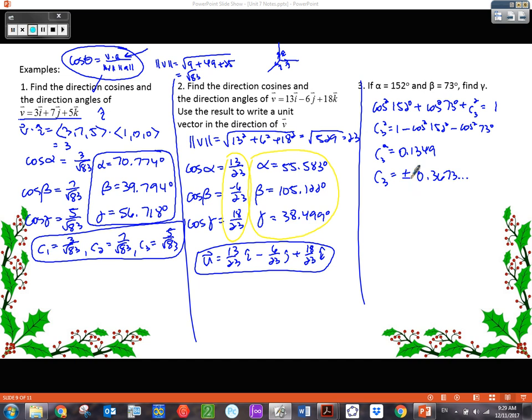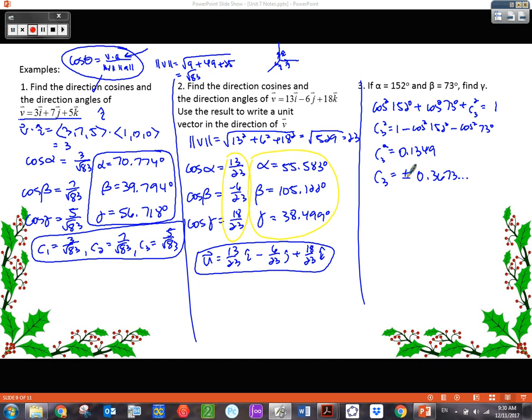What do I have to do to get this into a direction angle? Well, I would have to do inverse cosine of this, right? When I do inverse cosine of the positive one, I'm going to get an acute angle. And when I do inverse cosine of the negative one, I'm going to get an obtuse angle. We will have two options for gamma, not just one.